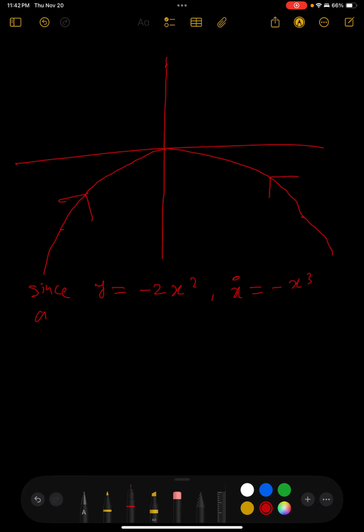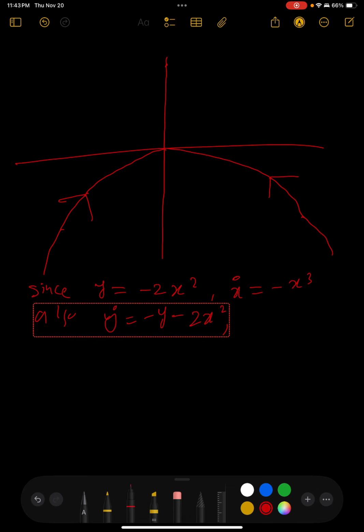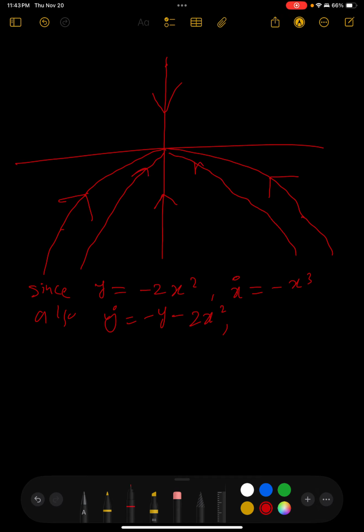And also y dot is minus y minus 2x squared. So on the y axis x is equal to 0. So if my y is positive, my y dot is negative, and if my y is negative, my y dot is positive. So we can clearly see the solution is approaching 0 from every direction.